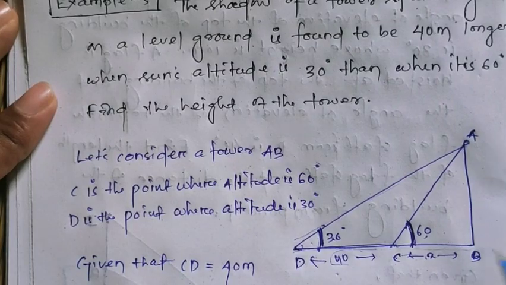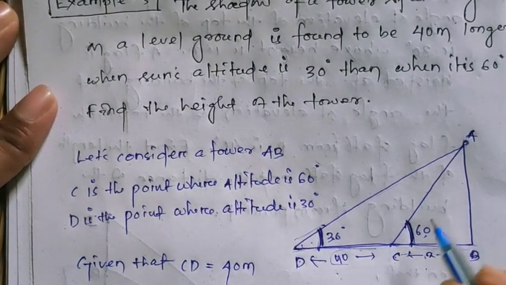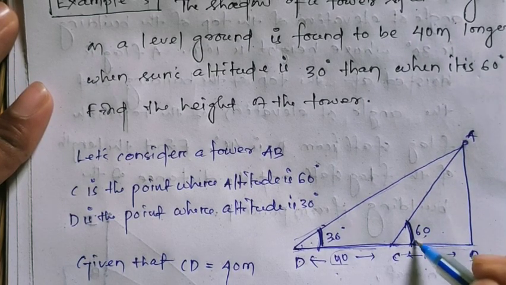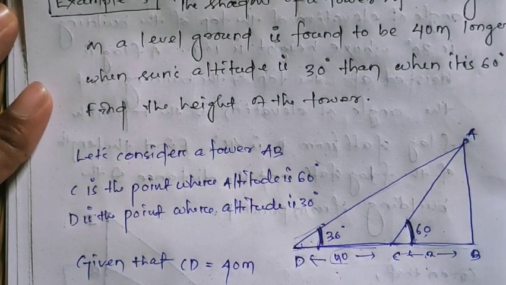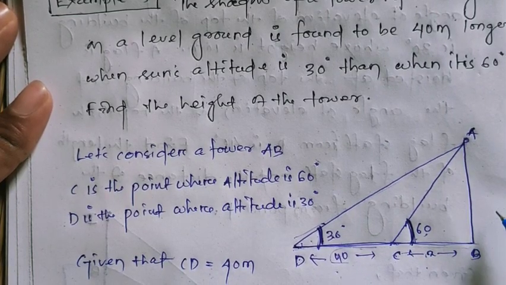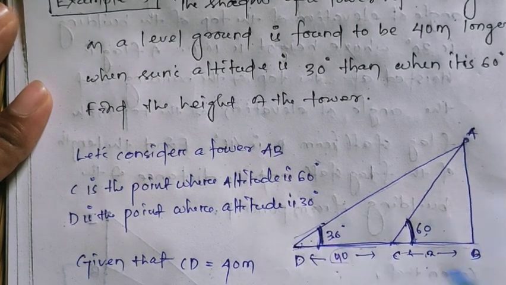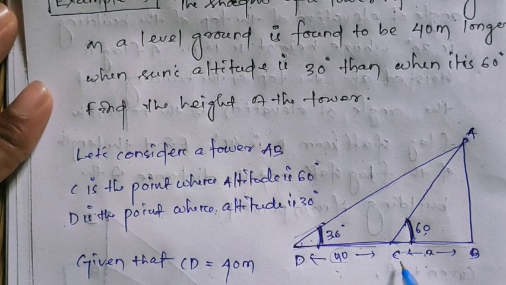So what we have to do, we can take BC as x. This implies in triangle ABC, tan 60 is equal to AB by BC. From there you can find AB is equal to x root 3. Now in triangle ADB, tan 30 is equal to AB by BD, that is x plus 40, right?